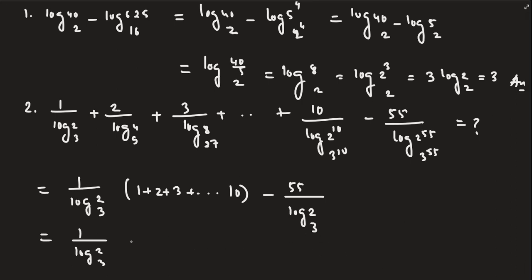You know that the sum of the natural numbers from 1 to 10 is 55. So this will be 55. So we see that both terms are the same, opposite in sign. It is 0.